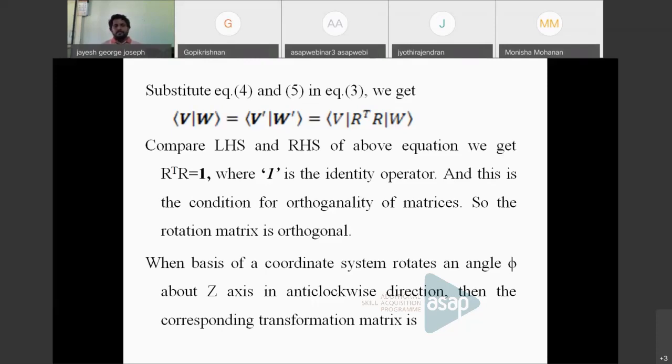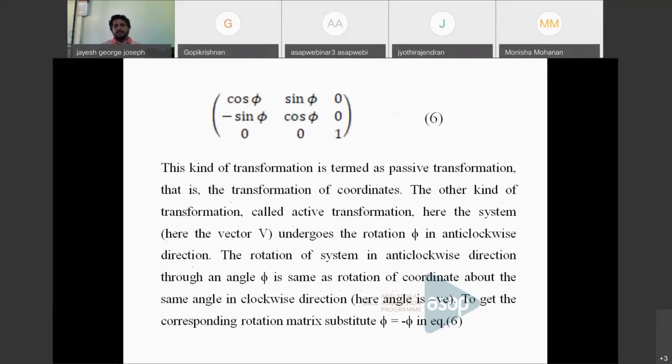When the basis of a coordinate system rotates by an angle phi about the z axis in the anti-clockwise direction, this is the corresponding transformation matrix. This matrix is the rotation matrix corresponding to the rotation of a coordinate system about the z axis.